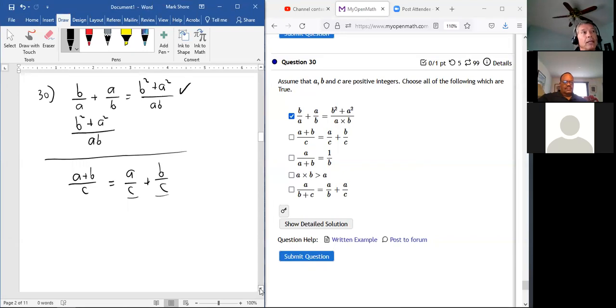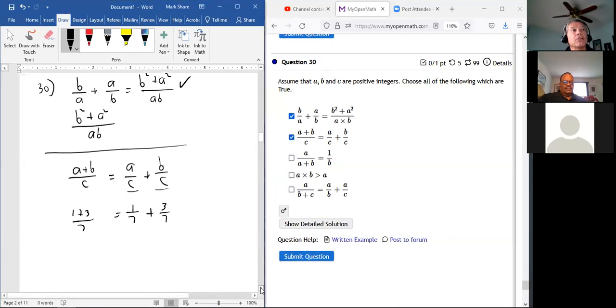Like for example, if you had 1/7 plus 3/7, don't you get 1 plus 3 over 7, right? And that's what we did here. If you have a common denominator, you can add your numerators together and put them over the common denominator. So that's a true statement. Yep.